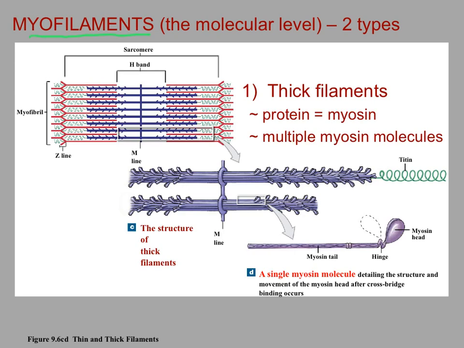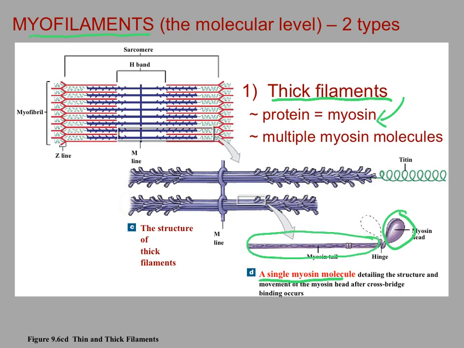2 types. One are what we call the thick filaments. The thick filaments are made of a protein called myosin. And one individual myosin molecule looks like this. It kind of looks like a caveman's club, where you have a head and a tail.